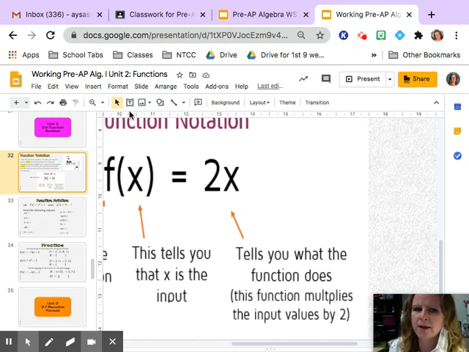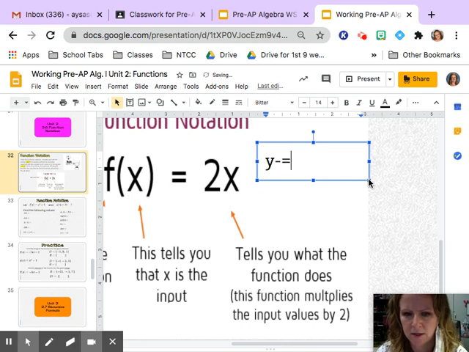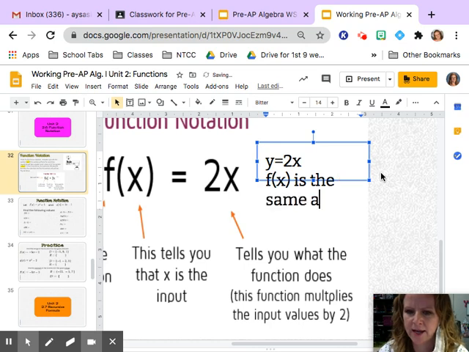I could rewrite this as y equals 2x. F of x is the same as y.